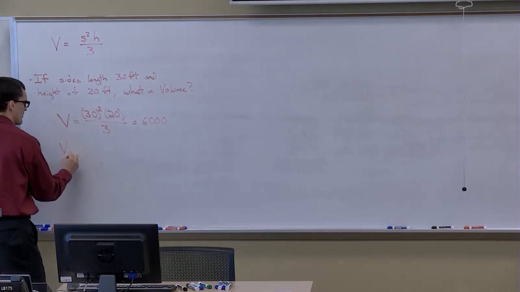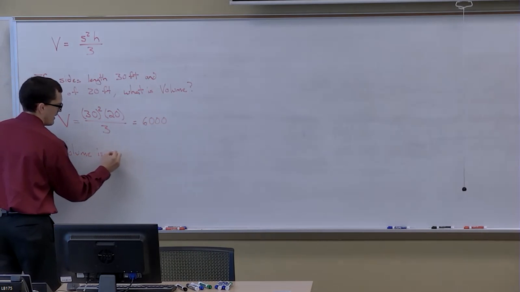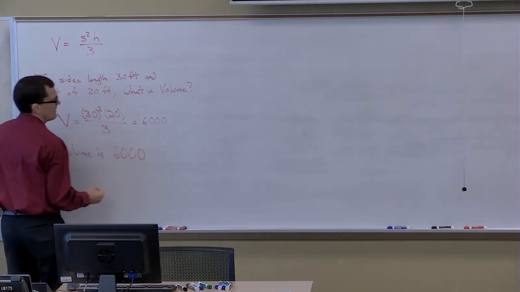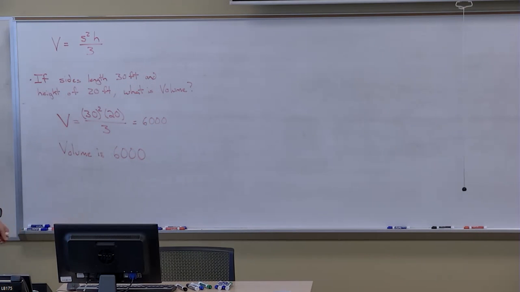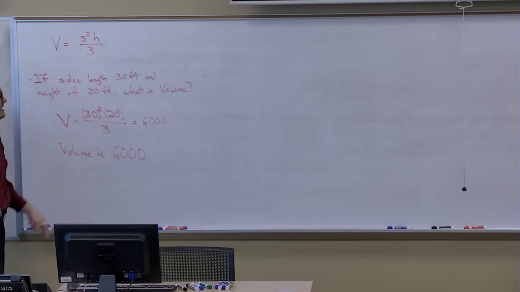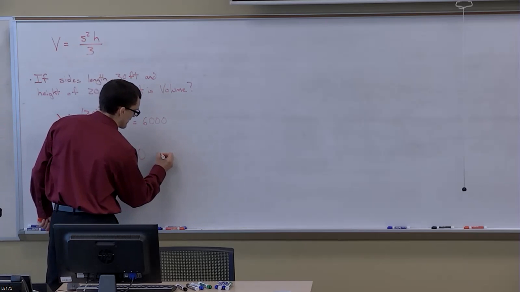So the volume of that pyramid is 6,000. Now, I'm not going to ask you to figure out the labels or anything like that, but because we have feet times feet times feet, it turns out a volume is in cubic feet.